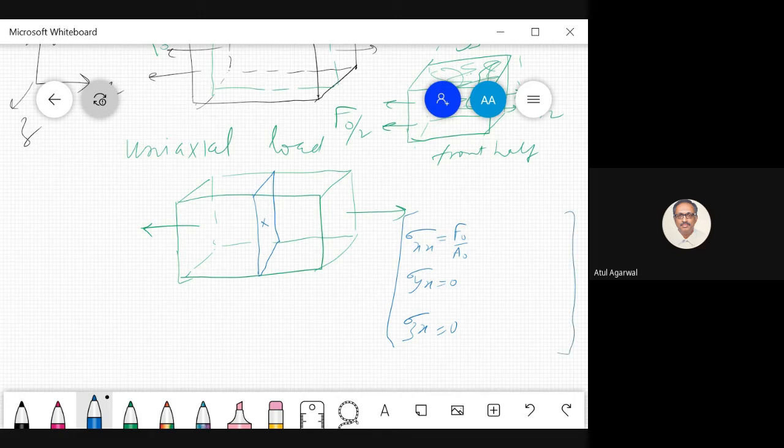Next time, I took a plane with normal vector in the y direction. So this plane has a normal vector in the y direction. So what are the stresses involved? Sigma xy, and I found that they are all 0. Now third time, what do I do? Through this, I take a plane.